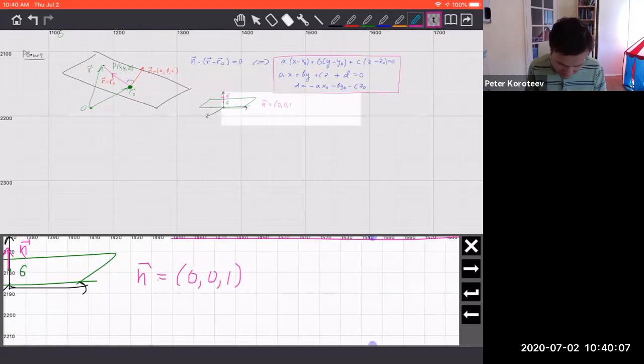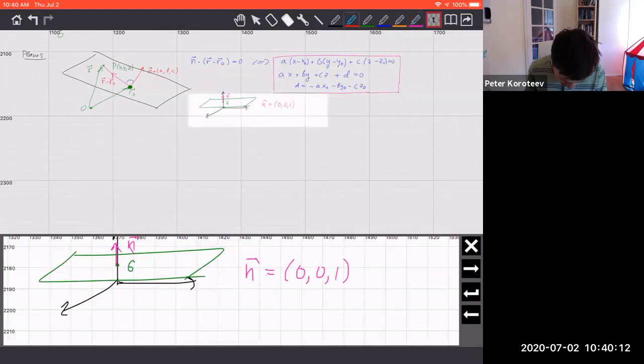Essentially n is the vector k, which goes along the z direction. Then we need vector r0, which will have components 0, 0, and 6.